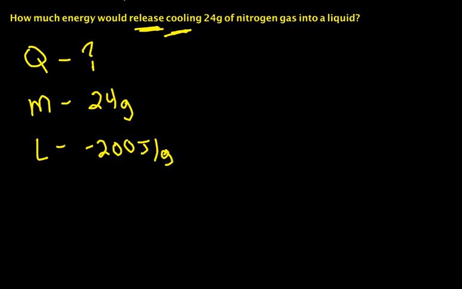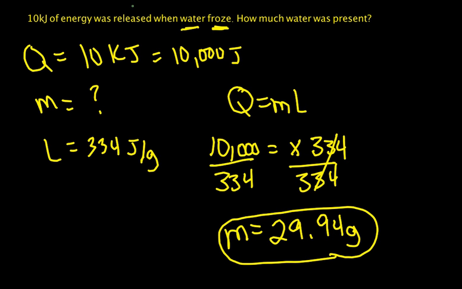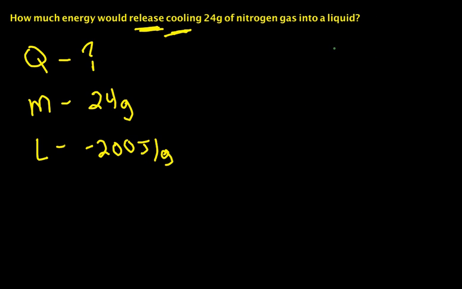Now, in an earlier problem, I didn't include the negative because we were looking for mass. So this value would come out the same either way because there's not going to be a negative mass. But on this problem, it will matter because we want energy. And if your energy is positive, in this case, it's actually incorrect. It has to be negative.